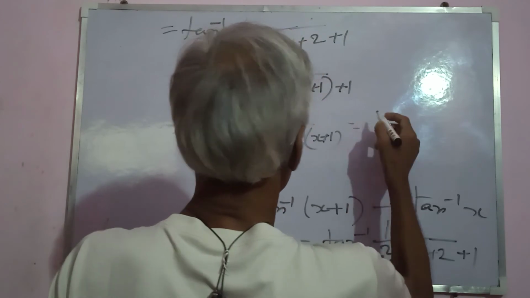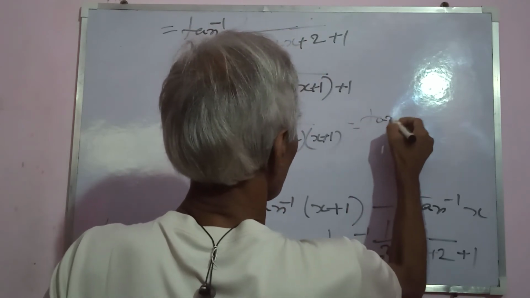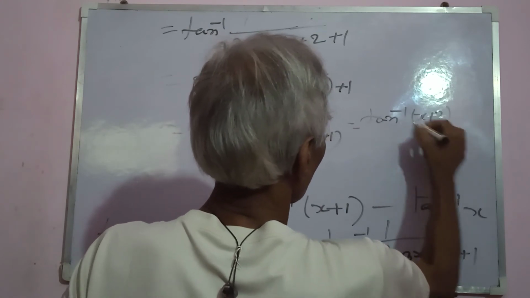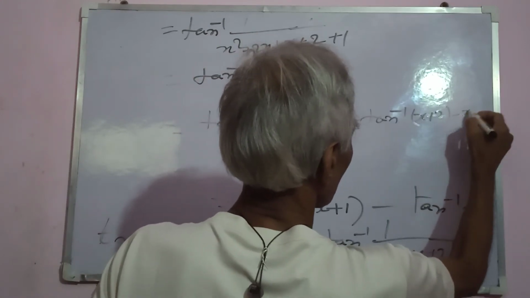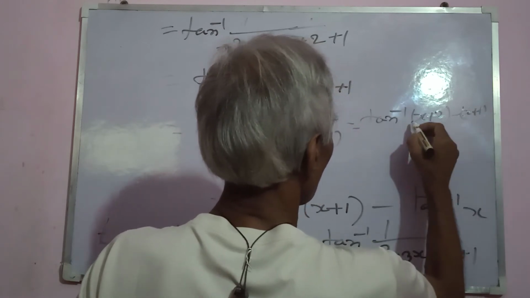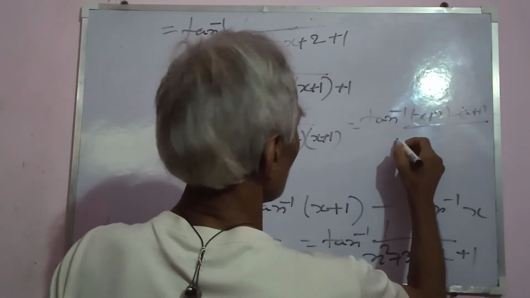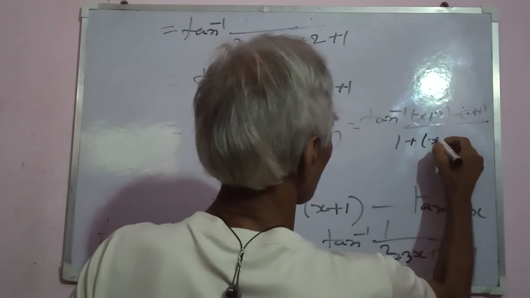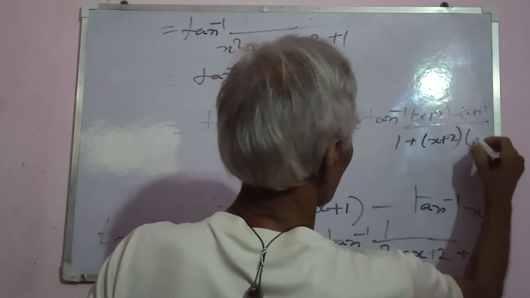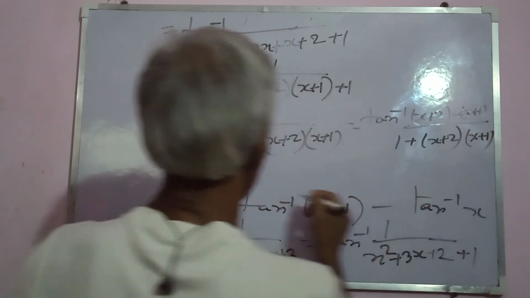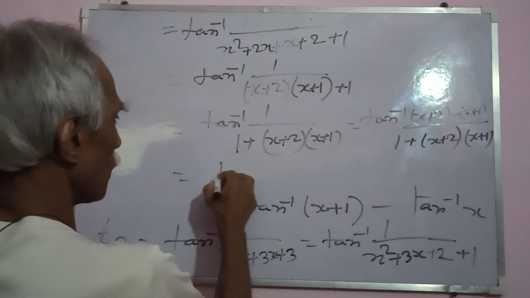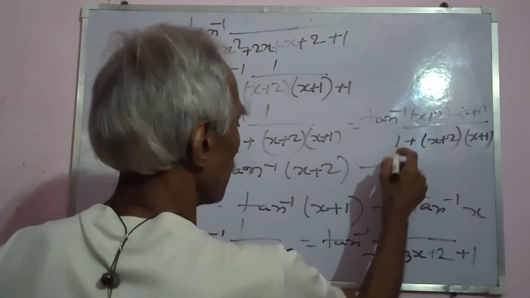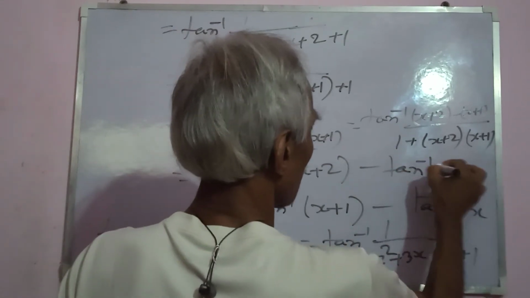This can be written as tan inverse ((x plus 2) minus (x plus 1)) by (1 plus (x plus 2)(x plus 1)), which is equal to tan inverse (x plus 2) minus tan inverse (x plus 1).